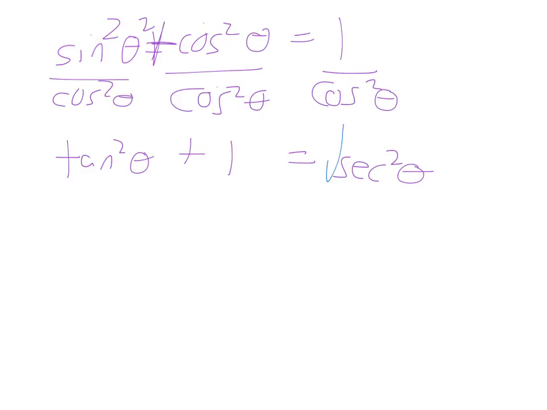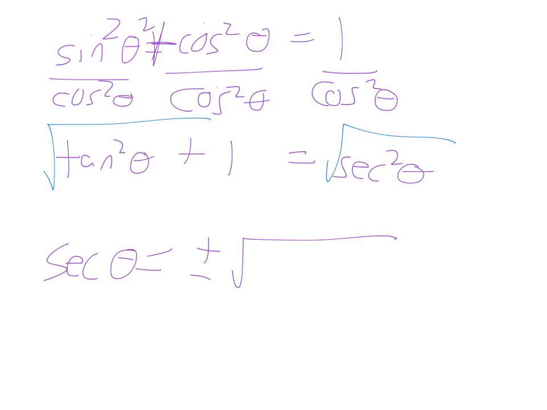So now if you take the square root of both sides, you have that secant of theta. Since we're solving an equation, we technically look at the positive or negative square root. I'm about to show you in a minute how we figure out which one of these to substitute in for secant of theta.